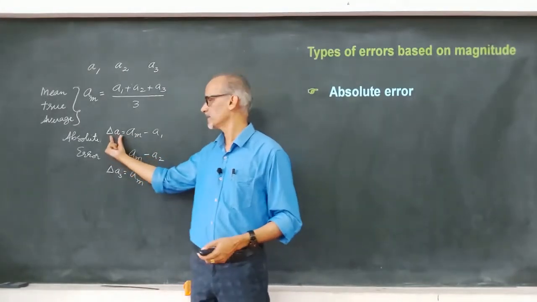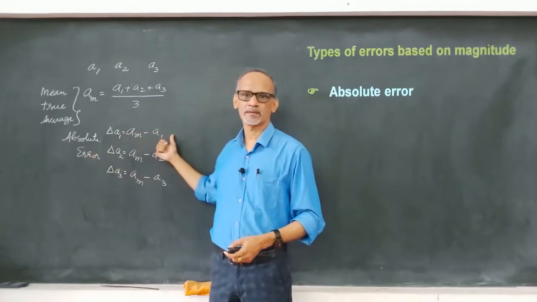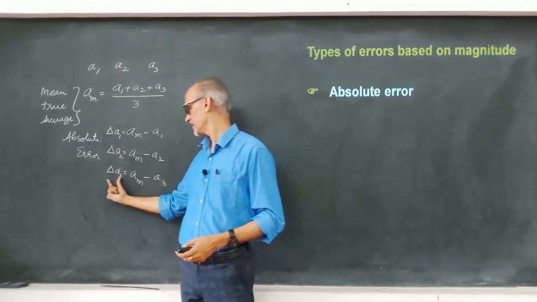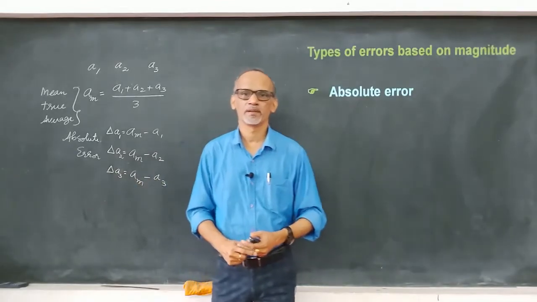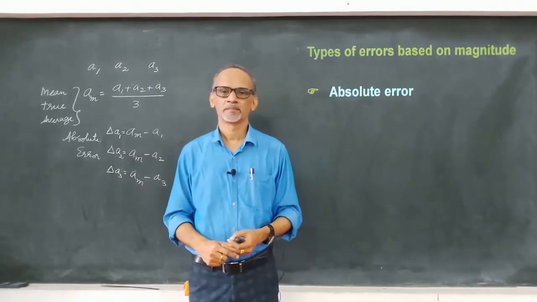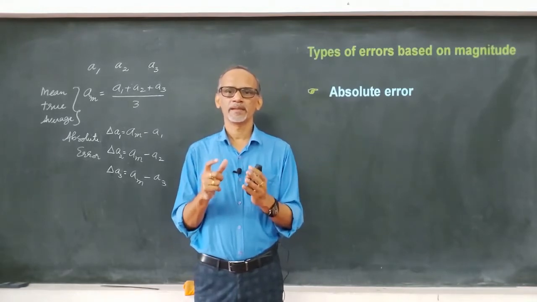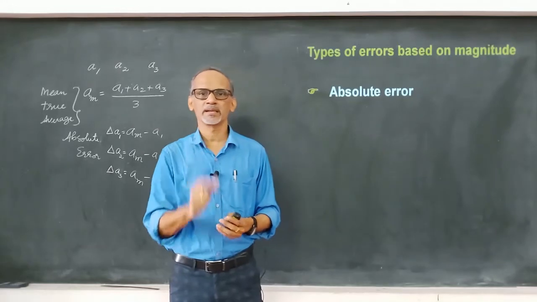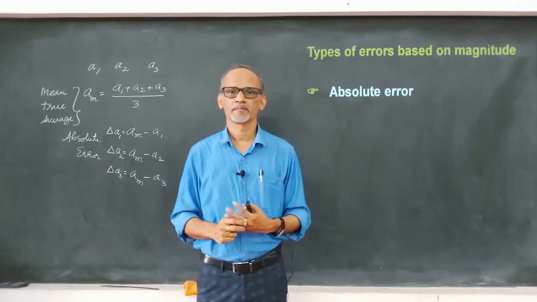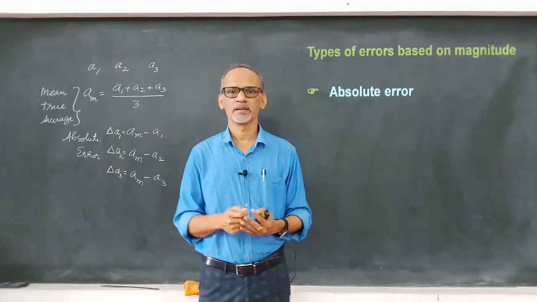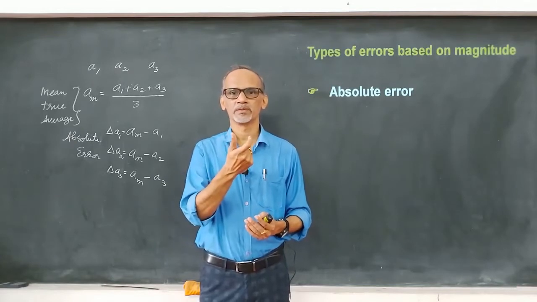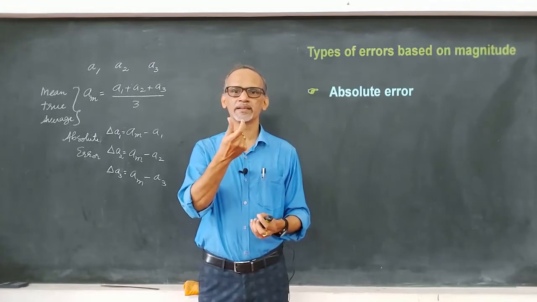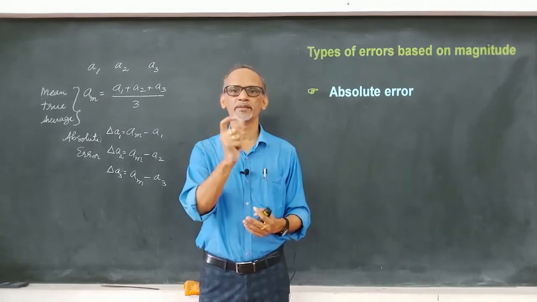So here, what is delta A1? Absolute error of the first trial. What is delta A2? Absolute error of the second trial. What is delta A3? Absolute error of the third trial. And for a given instrument, the least count is always taken as its absolute error, because that is the least difference that is possible between any two readings.